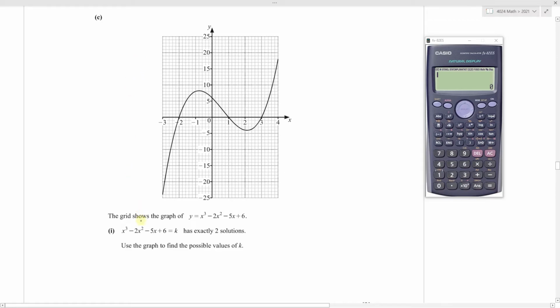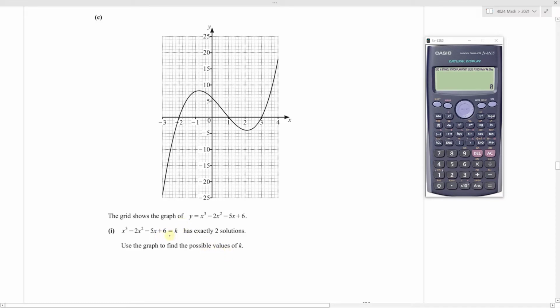Part C: the grid shows the graph of y equals x cubed minus 2x squared minus 5x plus 6. Part 1: x cubed minus 2x squared minus 5x plus 6 equals k has exactly two solutions. Use the graph to find the possible values of k.